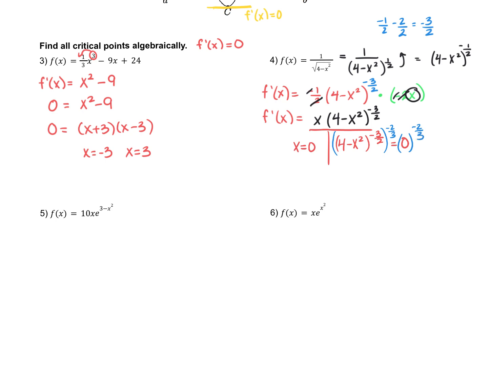And when you do that, it cancels the power. So you are just left with 4 minus x squared, and then 0 to any power is still 0. And we can just solve this by difference of squares. Since the 4 comes first, the 2 will come first. So 2 plus x and 2 minus x equals 0. So here x is negative 2, and here x is positive 2. So in this particular problem, there are 3 values of critical points.